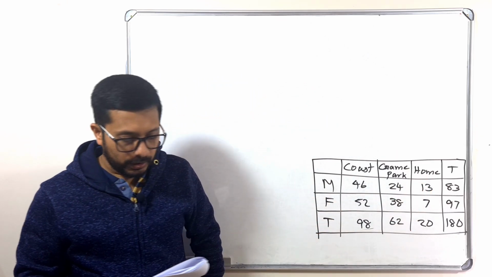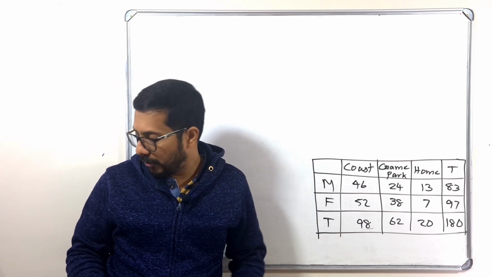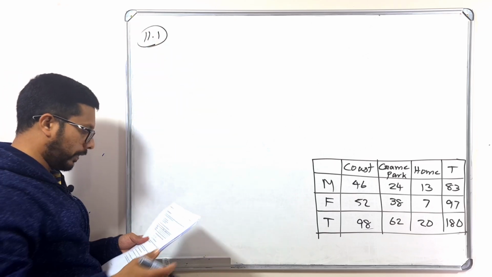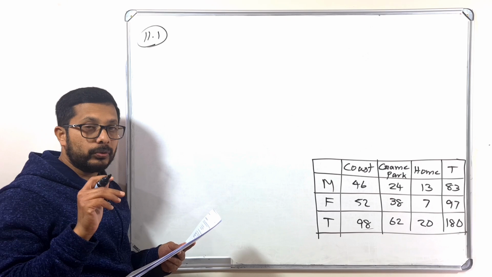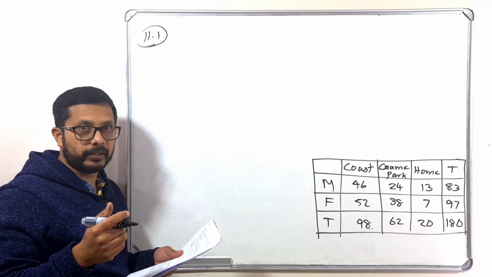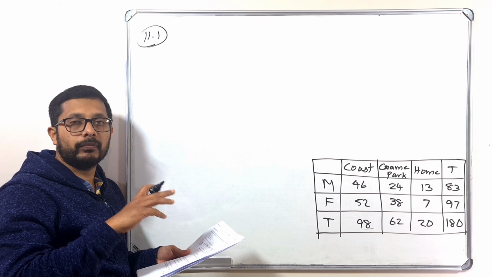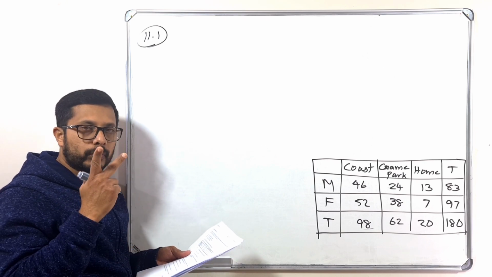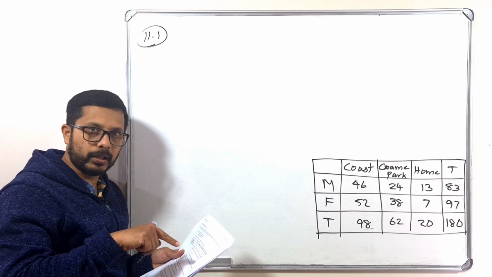Now look at question 11.1. Determine the probability that. So here you have to find the probability. Like I said on the previous questions when we were revising, there are two types of question: either you have to find the number, or you have to find the probability.